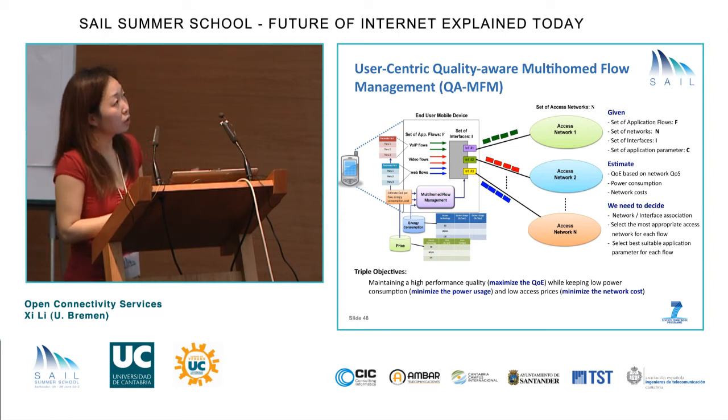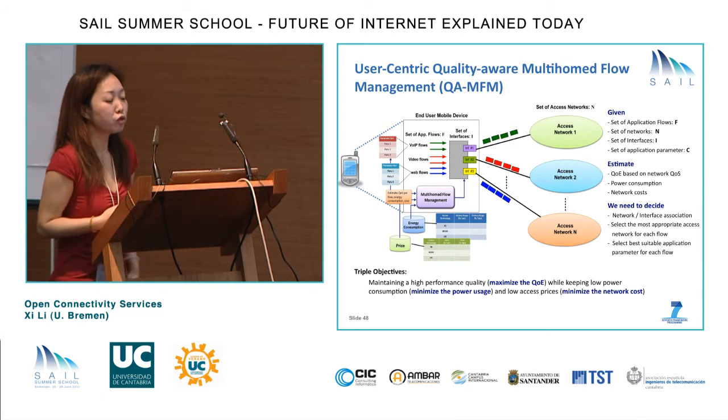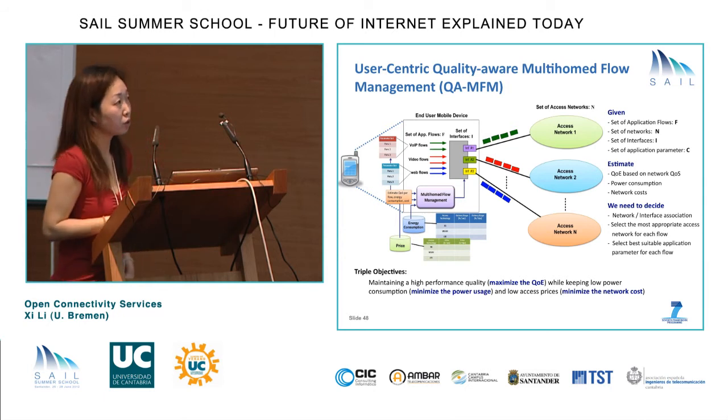So with this input, the flow management mechanism we're proposing decides what would be the best network to interface association. It means for this interface, what kind of access network we are going to choose. And secondly, for one application flow, what would be the most suitable access network to select.